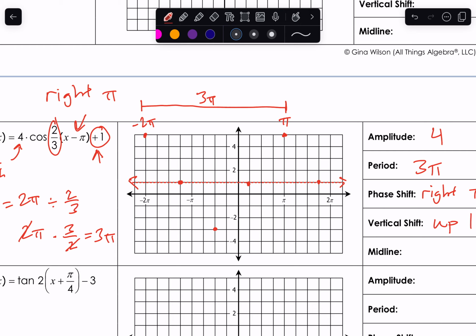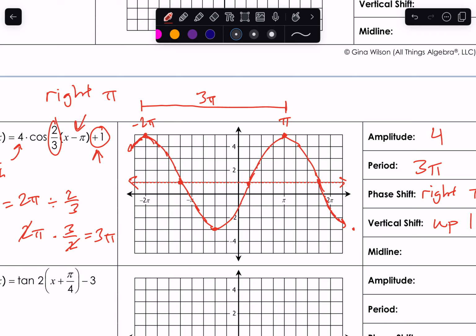So from here, I'm going to sketch my graph, and then the next point would be somewhere right about here, which we can't see. So I'm just going to keep it going that way. Okay. And then of course this one does actually keep going further that way.